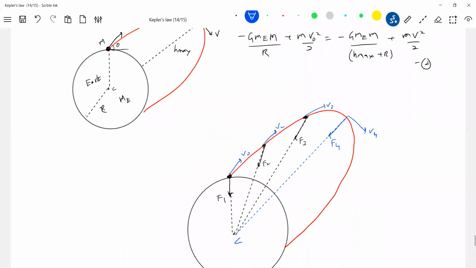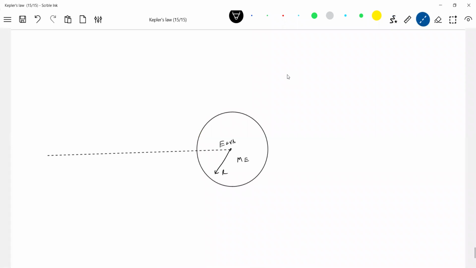I'll give one more, because I'm showing everything. Let me take one more case here. If this is the planet Earth, I'll project from a certain height with a speed v0, such that it will graze the surface of the earth and move on.